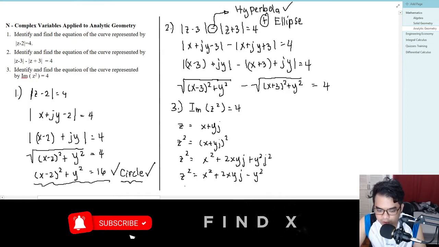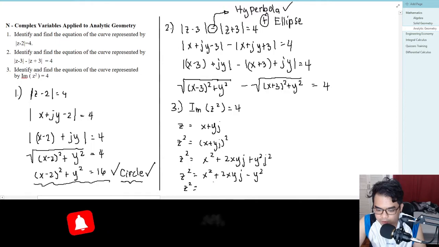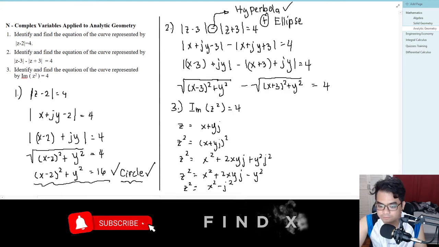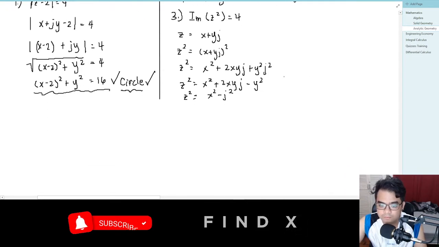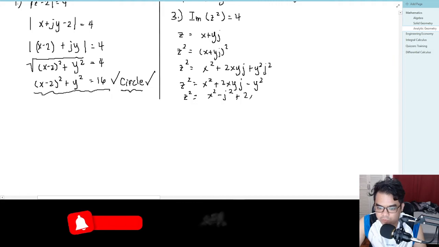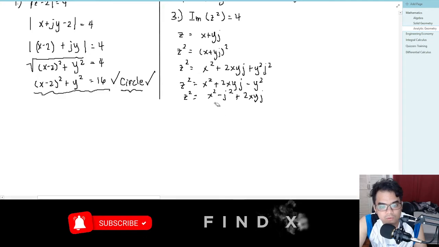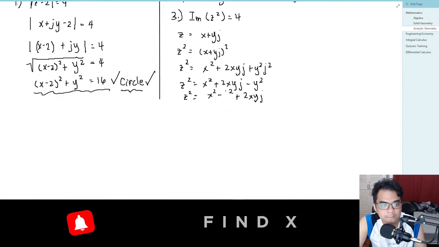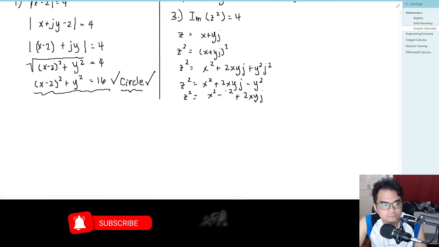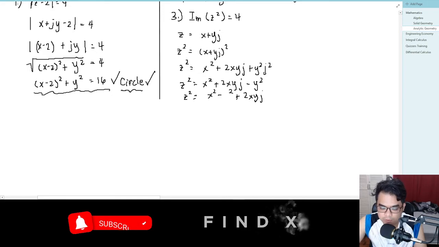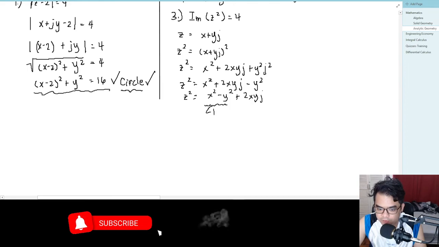Let's group all the real part and the imaginary part. The real part is x squared minus y squared, and plus 2xyj. Oh, no, no, this is y squared.